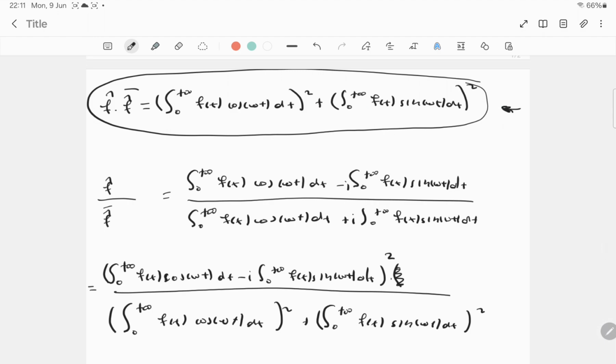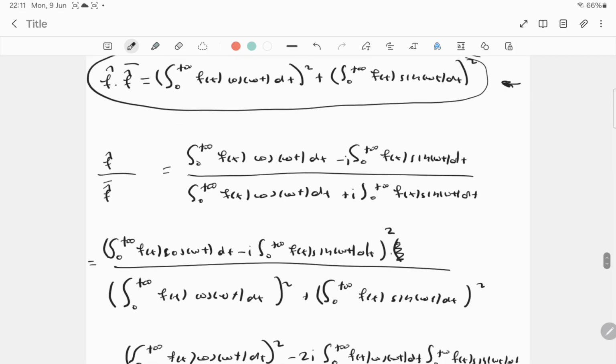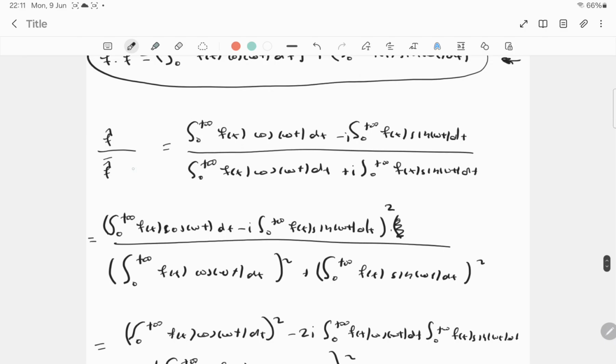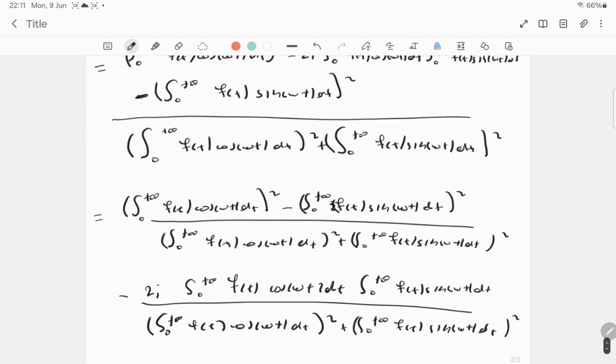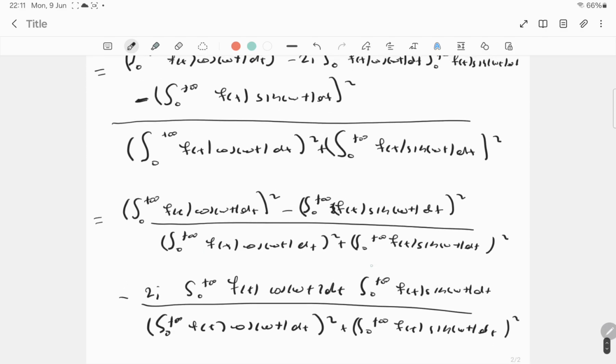You have these two integrals which contribute from the complex exponential, and then you take f hat over f hat conjugate, and basically the denominator is you take the integrals squared and you add them together. Here I have the difference of the two integrals, and this term, minus 2i times the product of the two integrals, and the denominator is the same here.